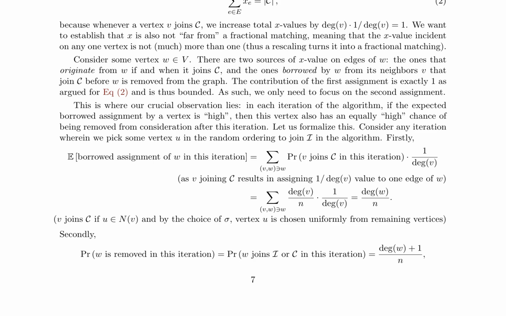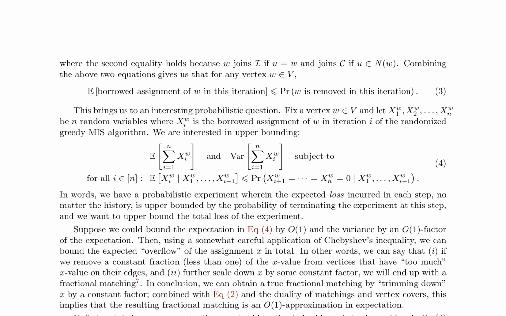This leads to a probabilistic question of upper bounding the total borrowed assignment of a vertex w over all iterations, subject to the condition that the expected loss in each step is upper bounded by the probability of terminating the experiment at that step. However, the variables x_{w,i} can be unboundedly large, making it challenging to achieve the desired bounds.